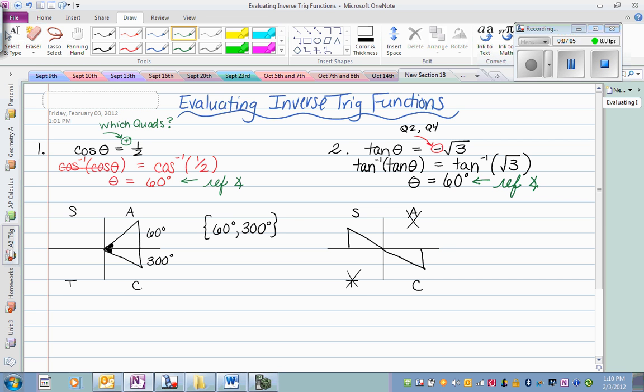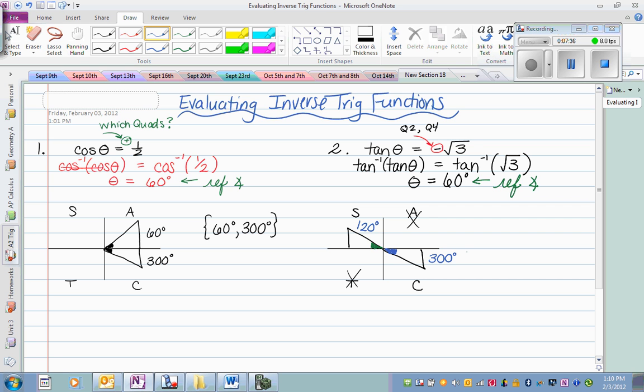So I have to find 60 degrees less than 180. What's 60 degrees less than 180? 120. And I have to find 60 degrees less than 360, which is 300.